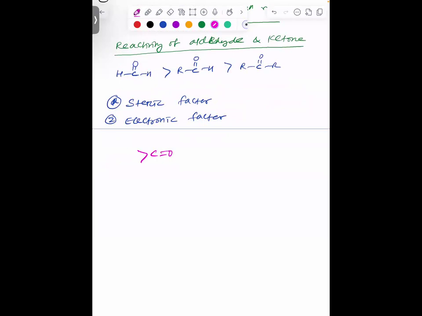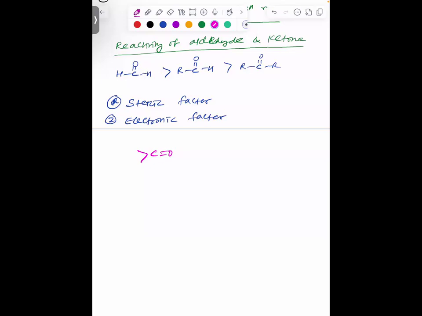It can be attacked by the nucleophile. The more sterically crowded the carbonyl carbon is, the more difficult it will be for the nucleophile to attack it. The carbonyl carbon that is sterically less hindered can be attacked easily by the nucleophile. If the groups attached have more bulkiness, it will be difficult for the nucleophile to attack the carbonyl carbon.